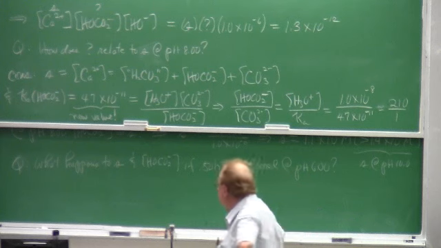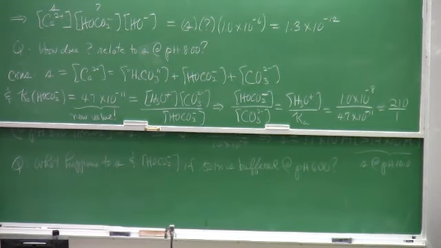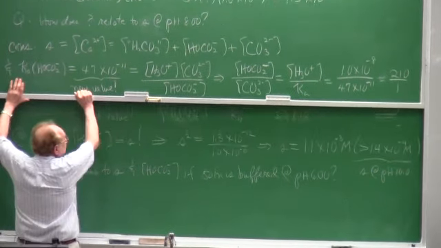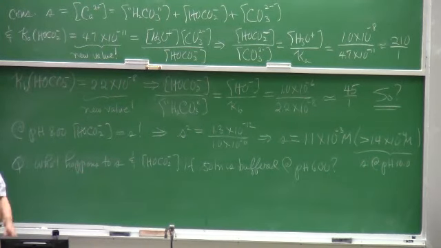Now what have I used? I've used Kb for hydrogen carbonate ion, because I've written a reaction equation which has got hydrogen carbonate ion in it, so I want to know straight away how the hydrogen carbonate ion molarity at equilibrium relates to these other forms. But if you use Ka for hydrated CO2, you get exactly the same arithmetic result.